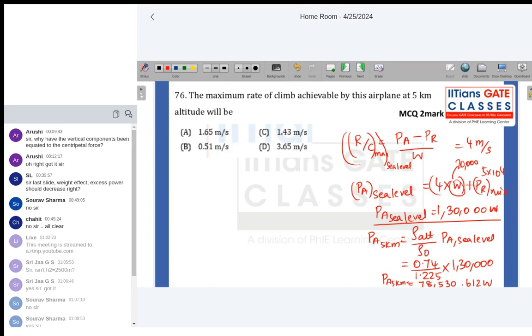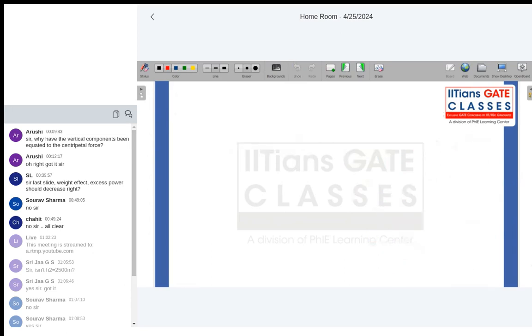Now we have to calculate the rate of climb at that altitude. So rate of climb max at that altitude is power available at that altitude minus power required minimum at that altitude, divided by weight.